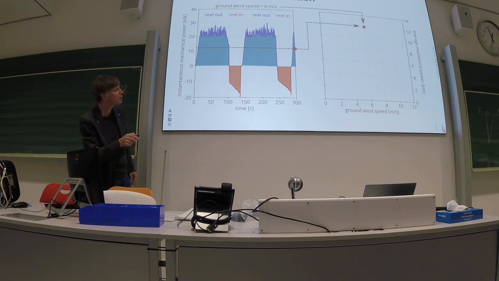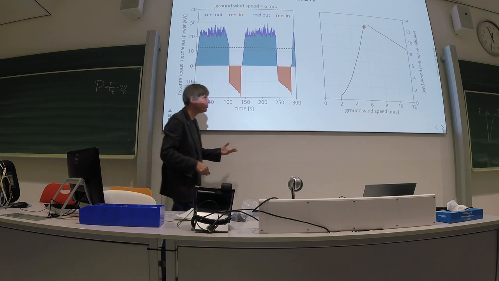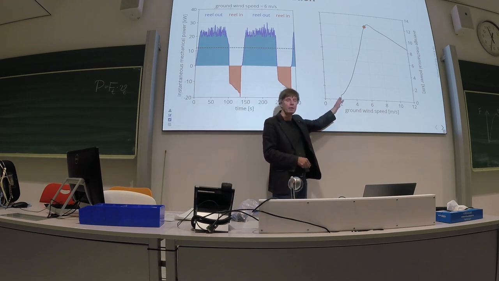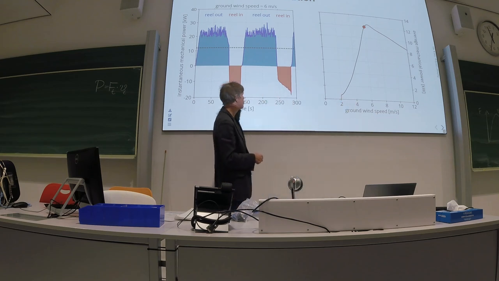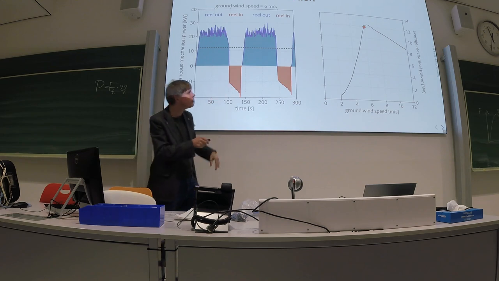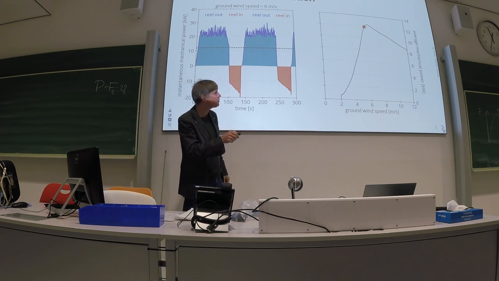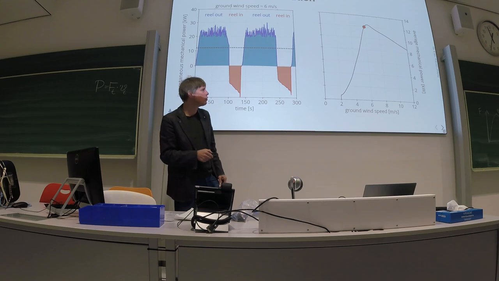We plot the 10 kilowatt, sorry, I have different scales here on that axis and here. So we plot that here. If we now do the simulation or measurement for all different ground wind speeds, so every ground wind speed we get a different diagram, then we end up with this curve, and this is what we call the power curve.